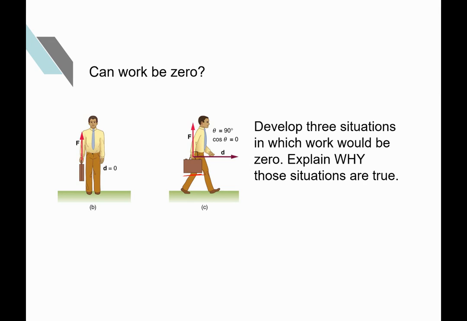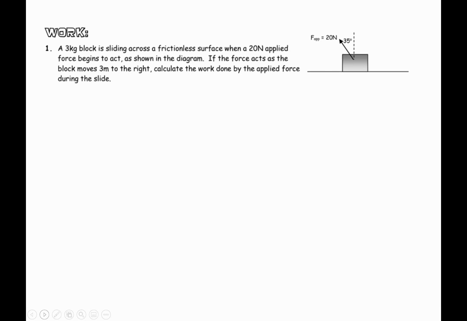Now, when he lifts the suitcase up from ground level, then there is going to end up being work done. But if he's just sitting there holding the briefcase, then there is no work. If distance equals zero, there's no work. And if your force and distance are at a 90-degree angle, then you would end up having no work.